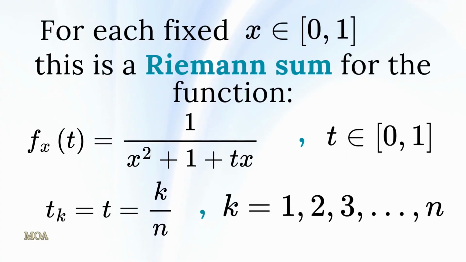For each fixed x in the interval from 0 to 1, this is a Riemann sum for the function f sub x of t, defined as 1 over the quantity x squared plus 1 plus t times x, where t plays the role of k over n, and k takes the values 1, 2, 3, up to n.